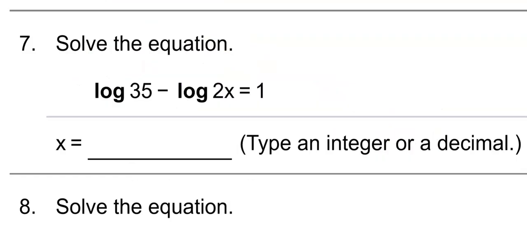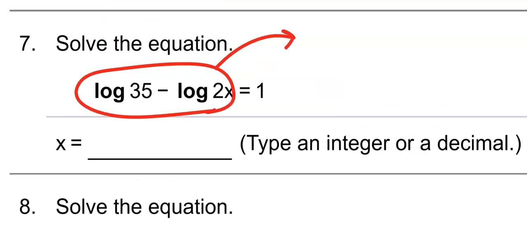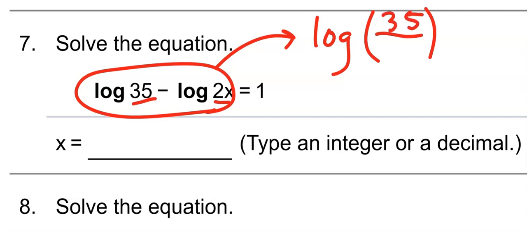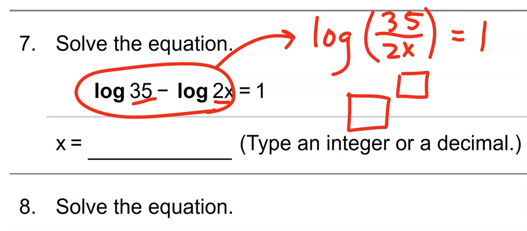So once again, do we have a single log on the left side? No, we do not. So we need to focus our attention on making it a single log. We see that it's subtraction, so that means we're going to take the 35 and the 2x and make one logarithm, and that's equal to 1. All right? So now, as a single log, we're ready to set it into its exponential form.